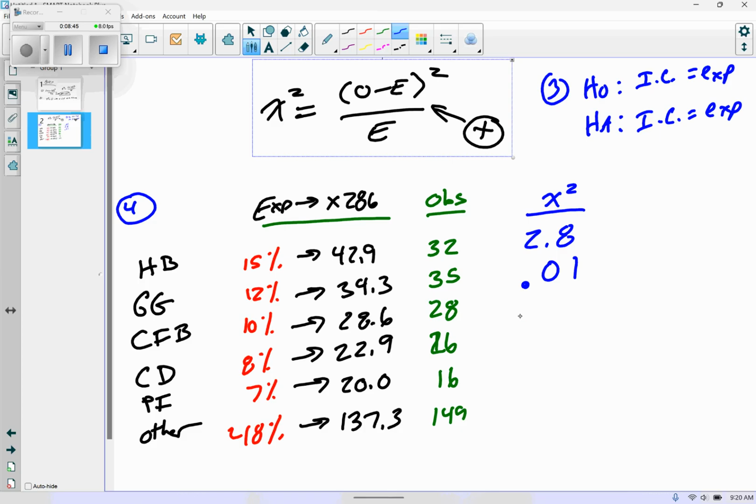I think this one is 0.01. Hang on, I might have made a mistake on the above one. So 34.3 minus 35, square that, divided by 34.3. Oh, came out the same. Those were both the same. Then 22.9 minus 26, 3.1 squared.